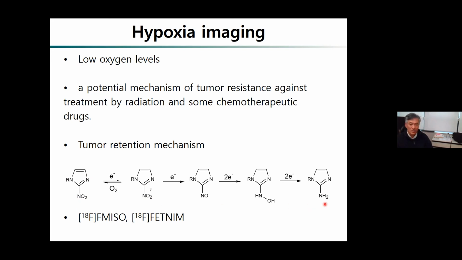That nitro turns into the amino group, but that is normally a reversible reaction when oxygen is located near this compound. But if the oxygen concentration is low, that compound remains as amino imidazole. So this amino imidazole cannot pass through the cell membrane. So that's the accumulation mechanism of F18 F-MISO.